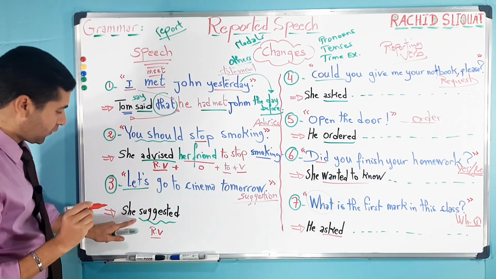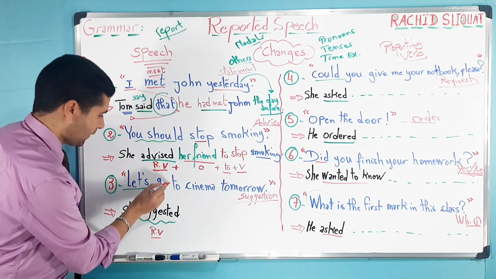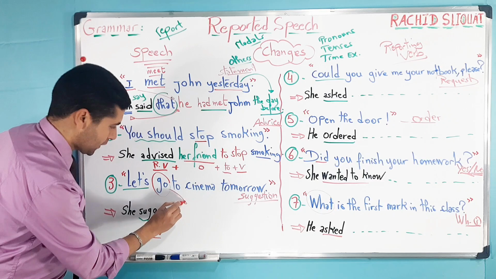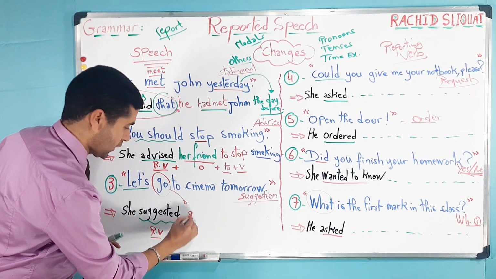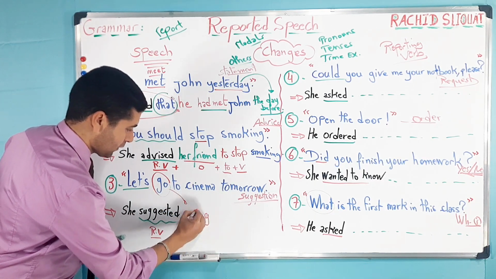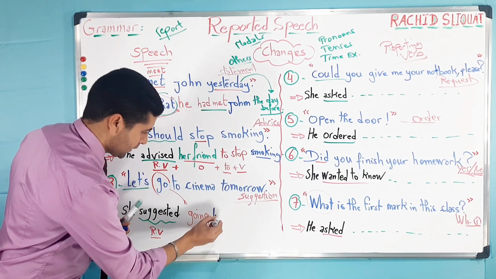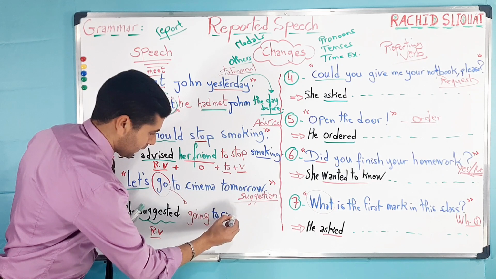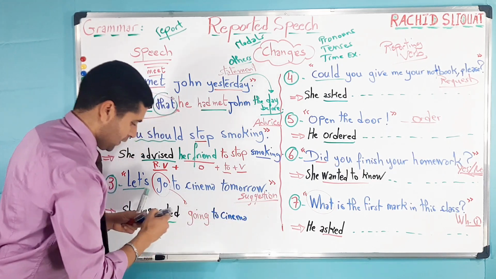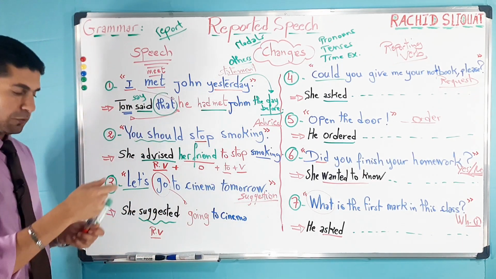So we can say she suggested, what is the verb? This is the verb. So we are going to take the verb here in ing form. We say going to cinema, all right? She suggested going to cinema.